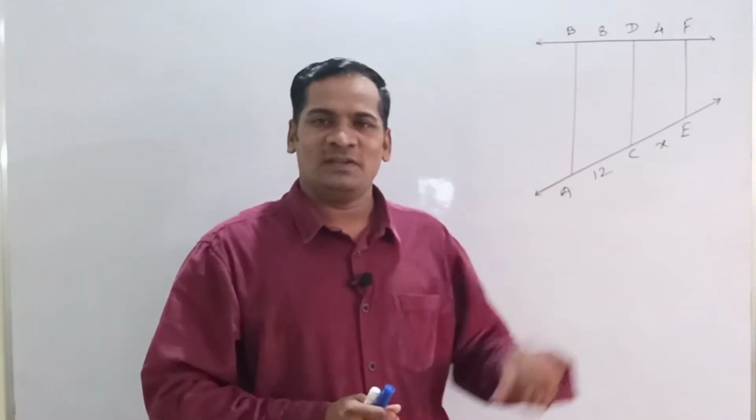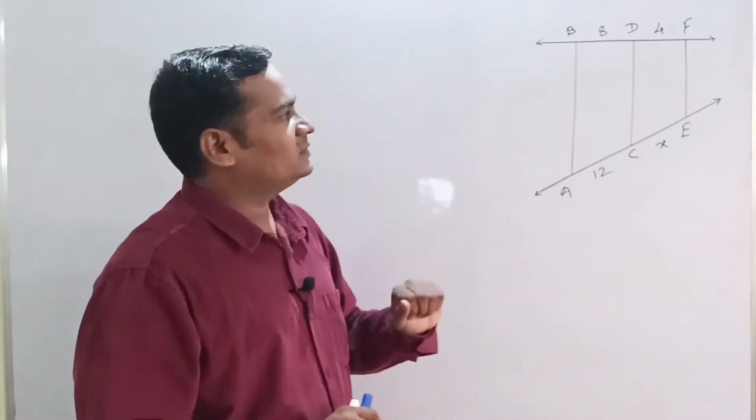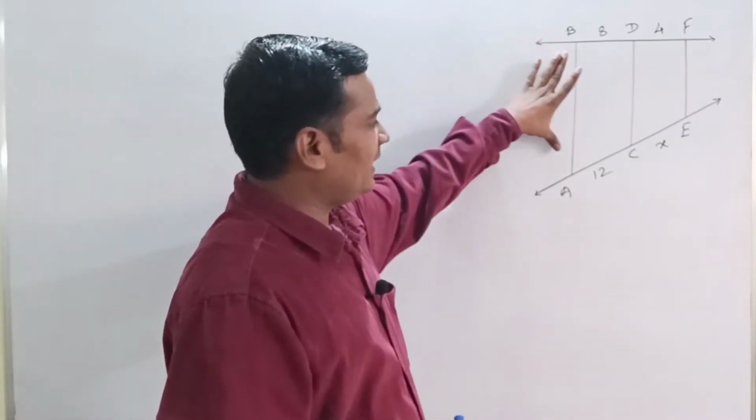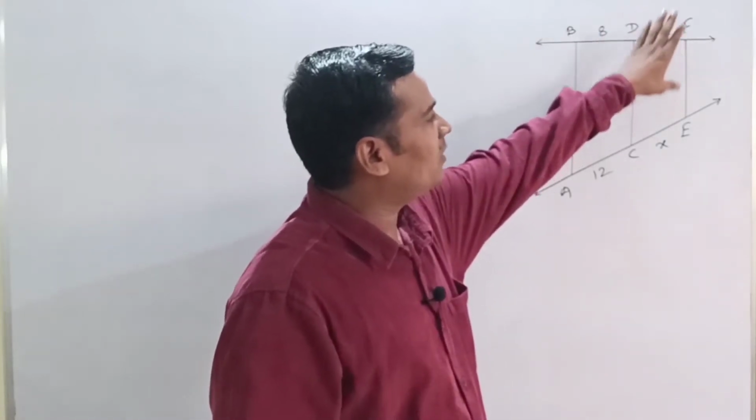This is question number 7 from practice set number 1.2. Now in the figure, line AB is parallel to line CD parallel to line EF.